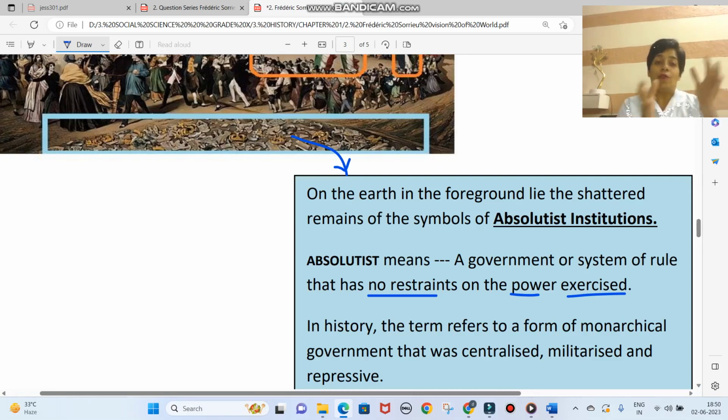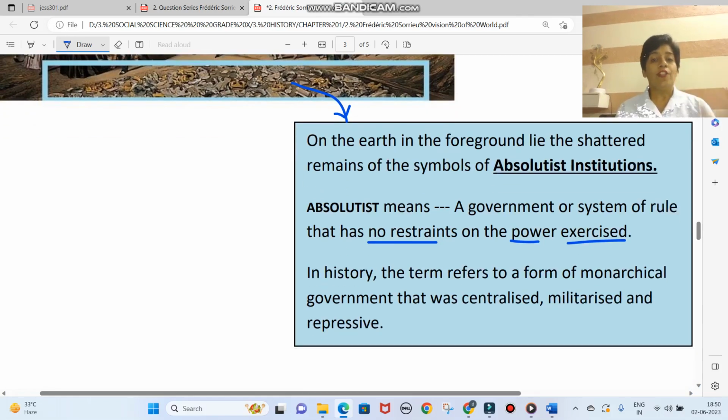In layman language, if we understand, that means there is no proper set of rules and regulations which the monarchs were following to govern the country. The word absolute in history refers to a kind of monarchical government that was centralized, militarized, and suppressive.